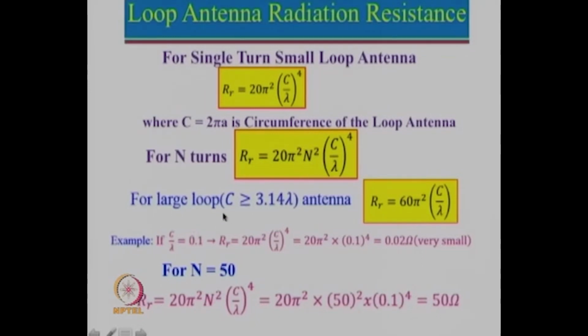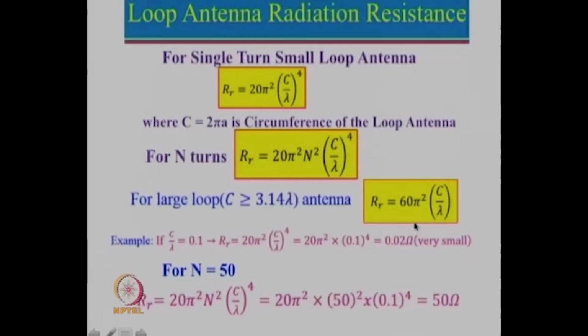Now for a large loop antenna, the value is given by this particular expression. I want to tell again, most of the time we do not use a large loop antenna, but nevertheless let us just see here. So this expression is valid for C by lambda much less than 1. This expression is valid for C by lambda much greater than 1.